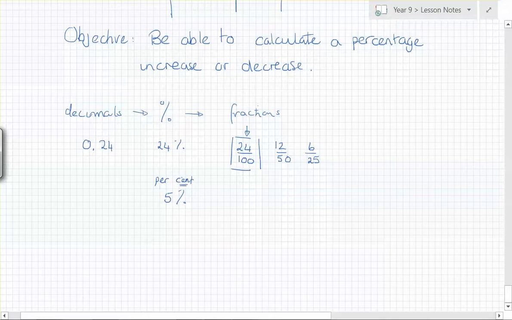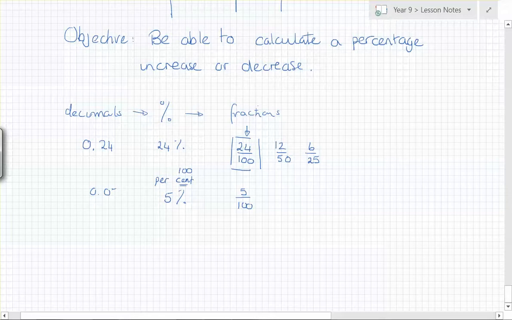How many centimes in a franc? 100. So per cent is per 100. So 5% means as a fraction it's 5 out of 100. So 5 over 100. And Jana, as a decimal, that would be?